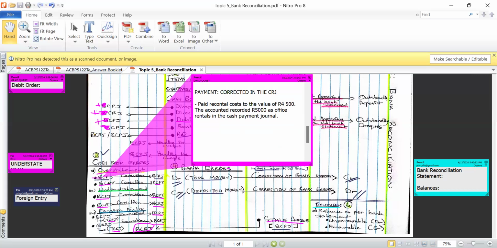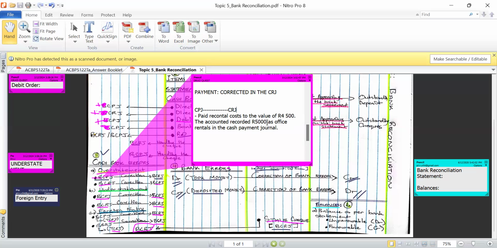In the CRJ. Remember, where did the error occur? The error occurred in the CPJ, but when we do the correction, we do it in the opposite book. So what is the opposite book of the CPJ? It is the CRJ. That's how overstatements work. When you look at a transaction, assess the error to say, did they record more than what was supposed to be recorded, or did they record less?